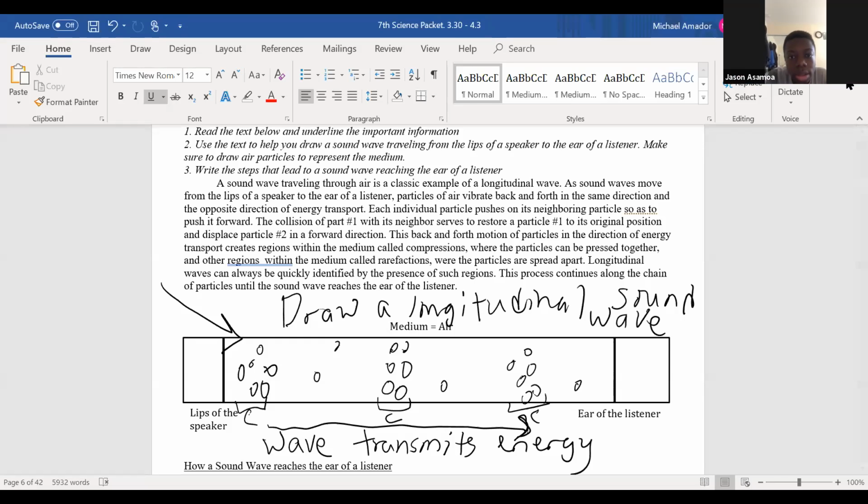It says how each of those individual particles pushes on the neighboring particle, the neighboring particle, and it pushes it forward. Mm-hmm. And it pushes it forward. So it's kind of like a chain reaction.